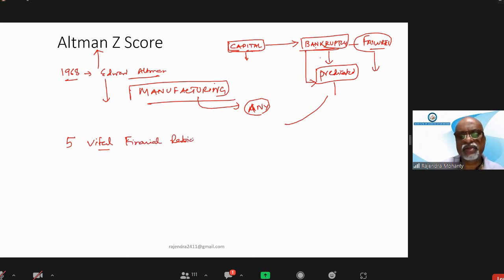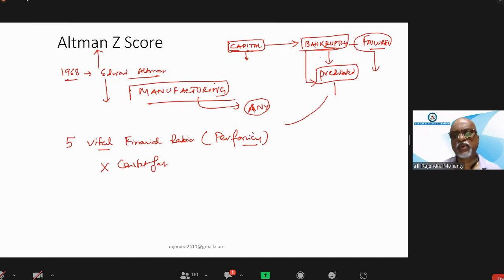And these ratios are basically performance financial ratios. So he took five ratios, and for each ratio he multiplied that ratio with a constant factor.